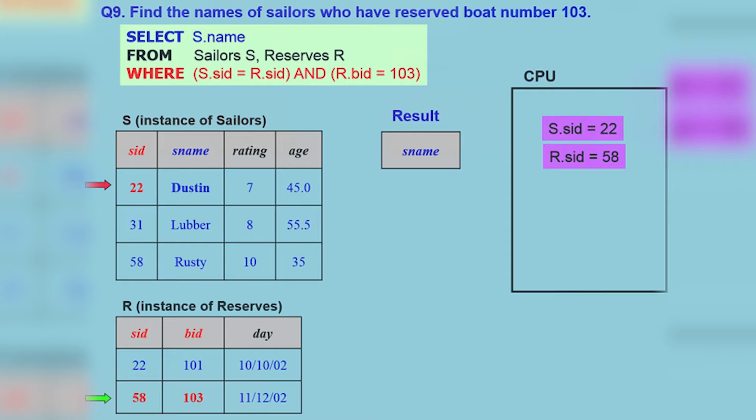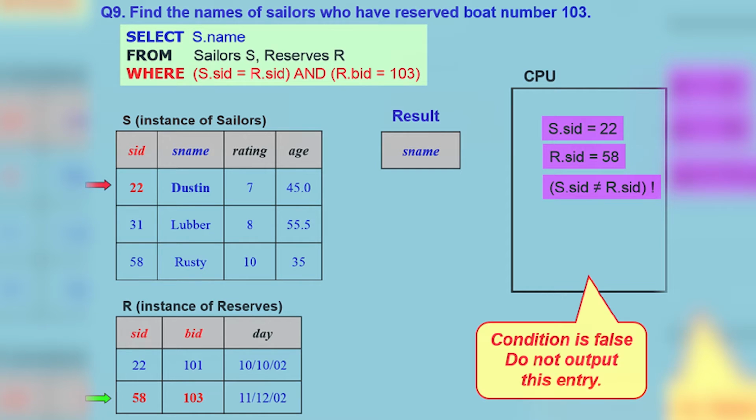R.SID is equal to 58. S.SID is not equal to R.SID. Condition is false. Do not output this entry.